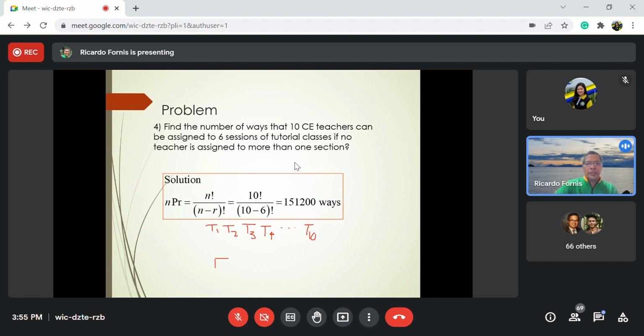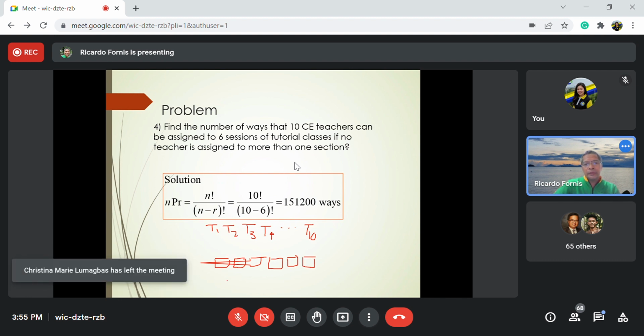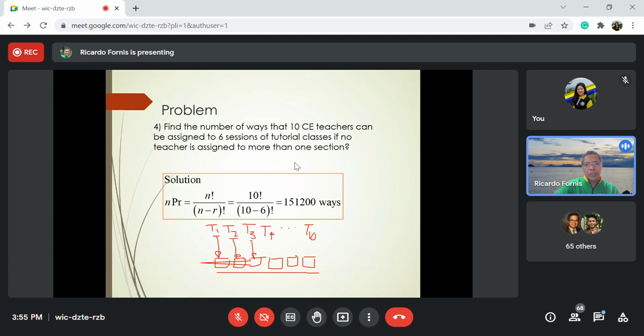And there are 6 tutorial rooms. Let's draw it so we can visualize the corresponding formula. There are 6 rooms, so you have to choose 6 teachers. Maybe teacher number 1 is chosen and assigned here, then teacher 2, teacher 3, teacher 4, and maybe here teacher number 9, and teacher number 10.